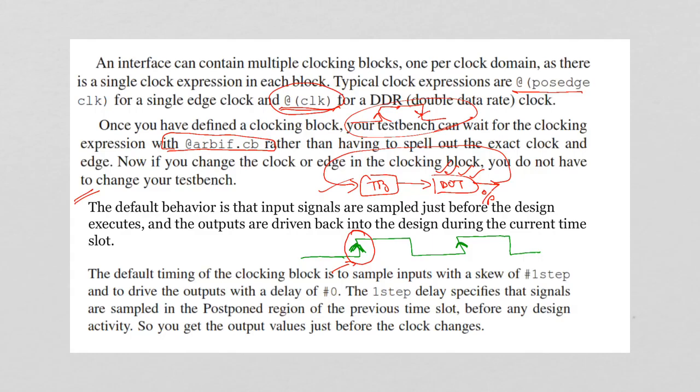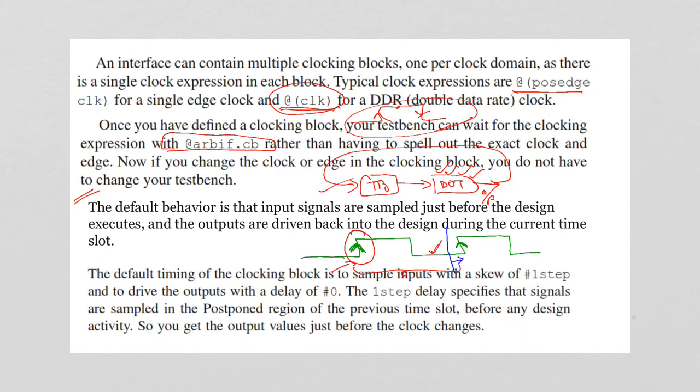If you are directly sampling the outputs of the DUT at this current edge, so you must give a sufficient amount of time for the DUT outputs to stabilize during the current cycle. So you may sample as late as this point over here. How can you say this point? You know that there will be some setup time.